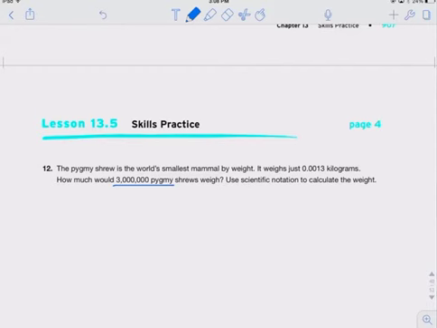I started with a G instead of P. Pygmy, right? The pygmy shrew is the world's smallest mammal by weight. It weighs just 0.0013 kilograms. So if there were 3 million of them, how much would they all weigh? If each of them weighed this much.